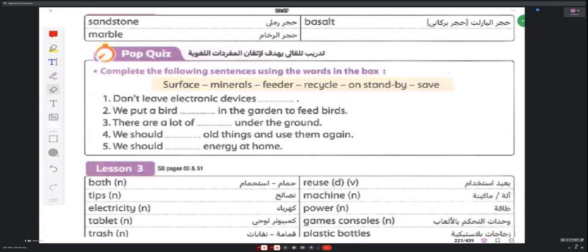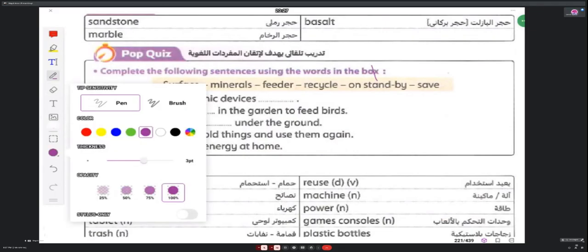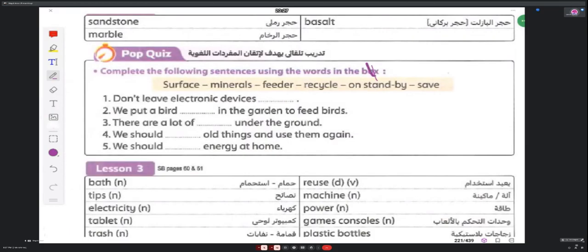All right, number two. We put a bird feeder in the garden to feed birds. Bird feeder, the feeder. Luigi: there are a lot of minerals under the ground.